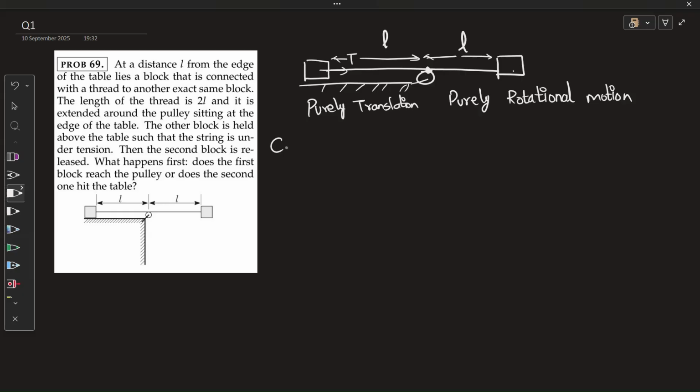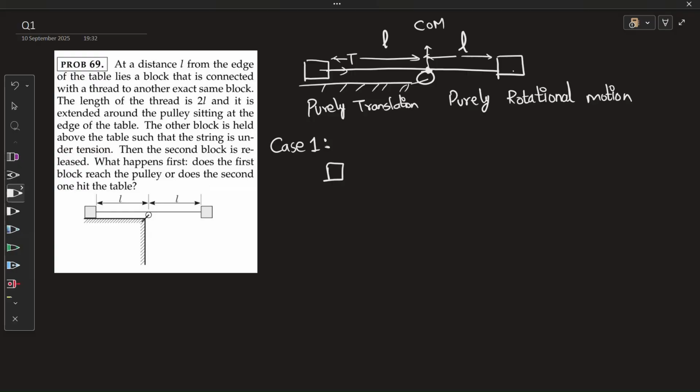Let's take three cases. In case 1, this block reaches the pulley at time t, and at the same time this block touches the table. In that case, the initial center of mass is here at the pulley because the length is the same and the mass is the same.